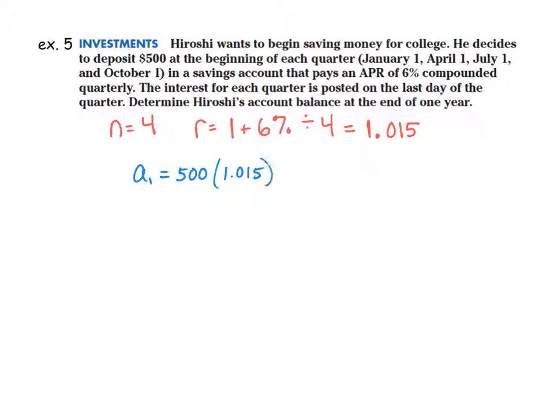So to figure out that first term, we just take our initial deposit, 500 times 1.015, which gives us 507.5. And then if we want to figure out the account balance at the end of 1 year, I have everything that I need because I have my a sub 1 minus a sub 1 times r to the 4th, right?